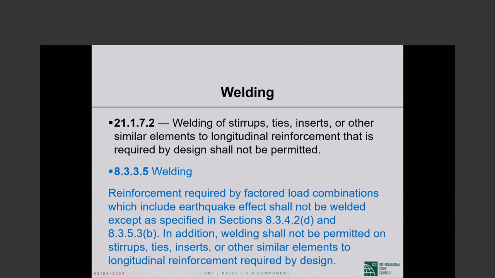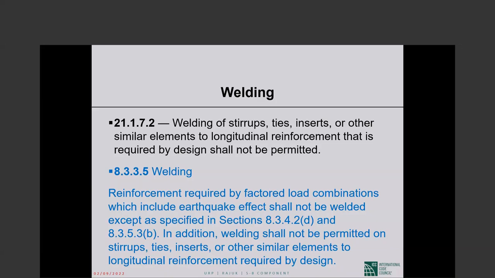Okay, welding of stirrups, ties, inserts, or other similar elements to longitudinal reinforcement that is required by design shall not be permitted. Okay, this is a very important requirement in high seismic construction. So if you need to weld a tie to a longitudinal bar, it has to be a construction bar added for that purpose.